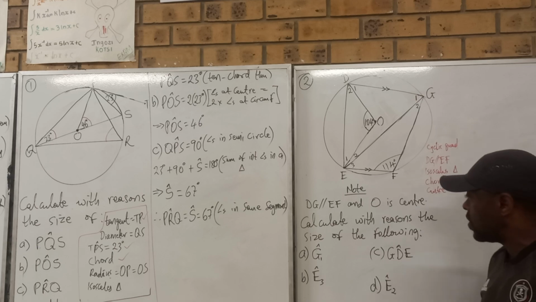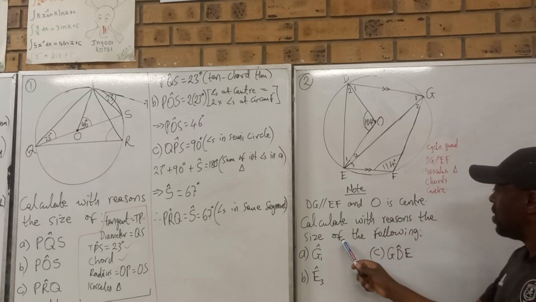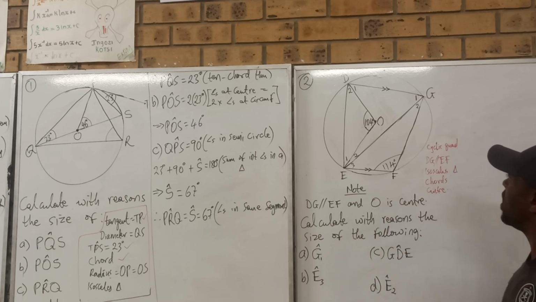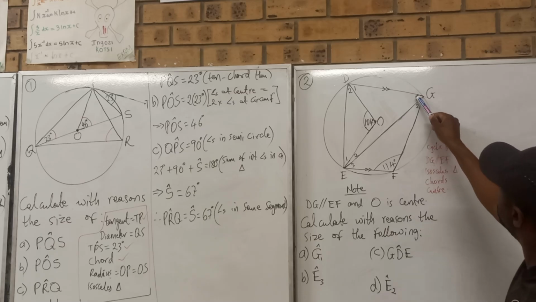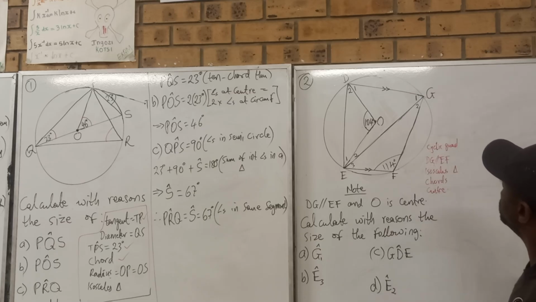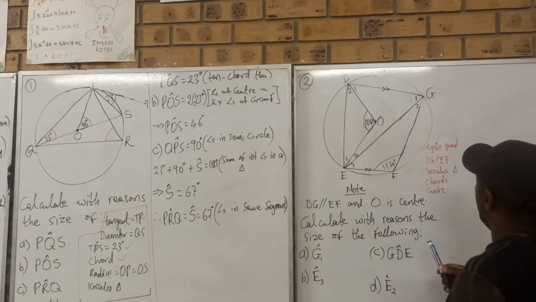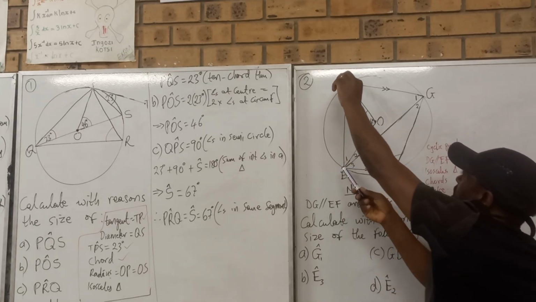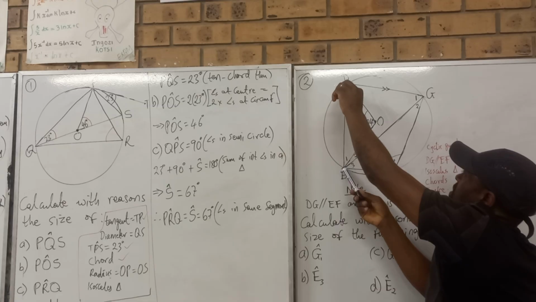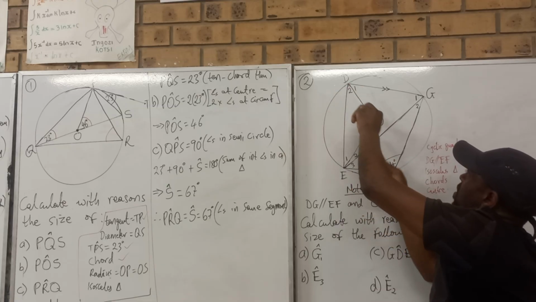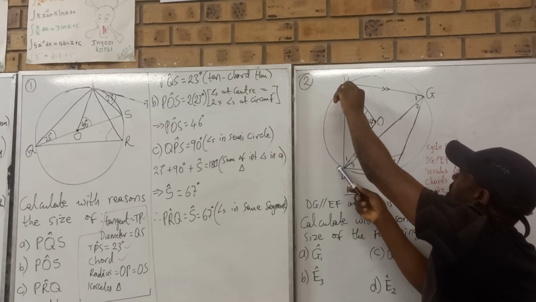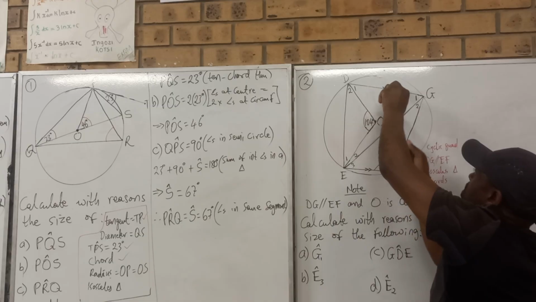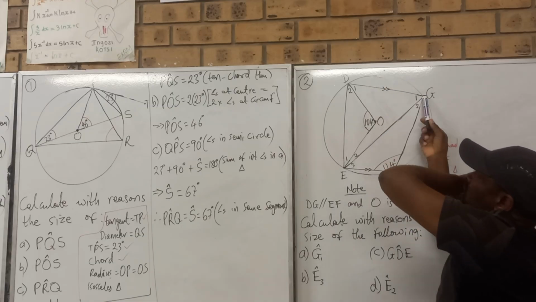So we can now talk to the question. It says calculate, with reasons, the size of the following: G1. So we see where G1 is. If I make use of the chord DE, the chord DE can take us to the center in one triangle, and the same chord DE takes us to the circumference in another triangle, which takes us to G1.